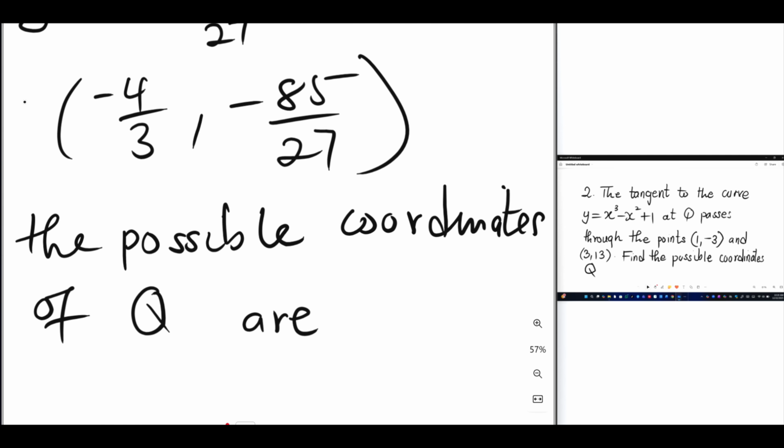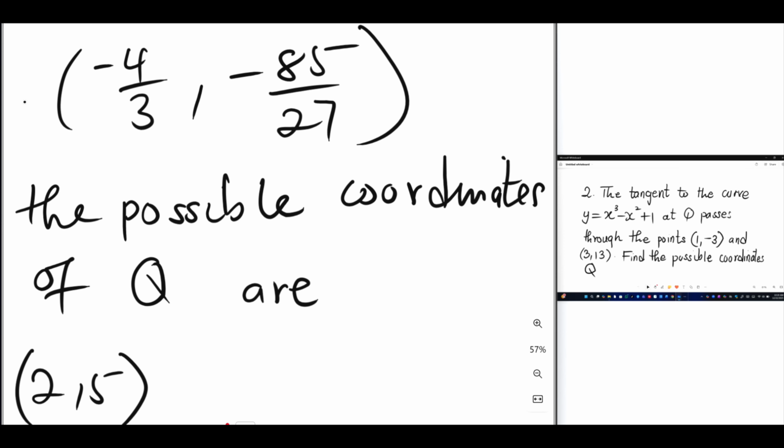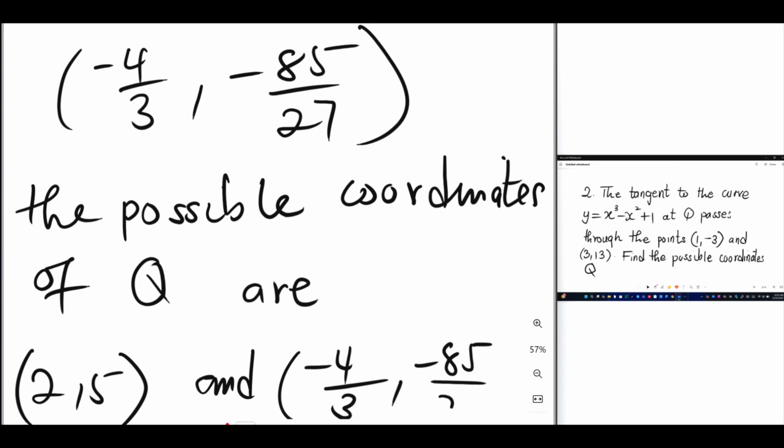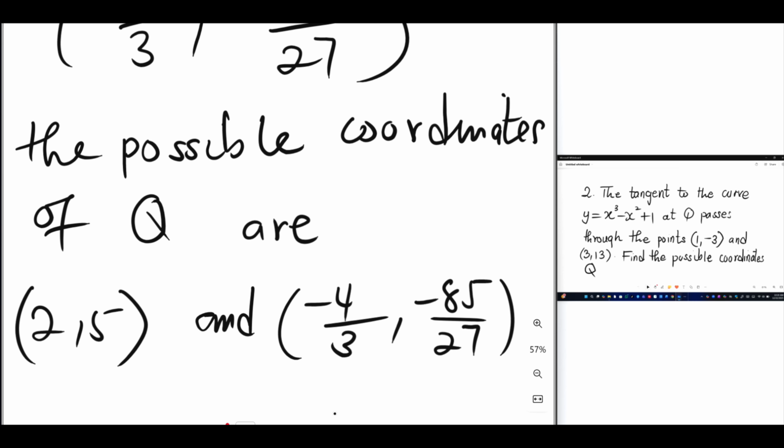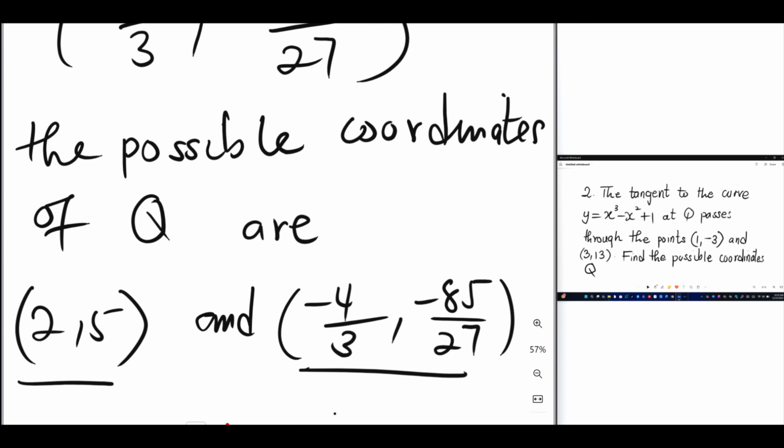So we have (2, 5) as one of the coordinates. And the other one we had it to be negative 4 out of 3 against negative 85 out of 27. All right. So these are the possible coordinates of point Q.